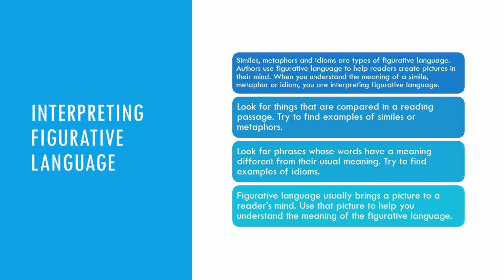So to look for these examples, try to find examples of similes or metaphors in the text by looking for words like or as to find the similes. To find metaphors, try to think about what this phrase might try to represent. And for idioms, try to think about what they are really trying to say with this strange phrase that's being used in the text. Strange meaning unfamiliar to you. But all figurative language is meant to do is bring that mental picture to the reader.